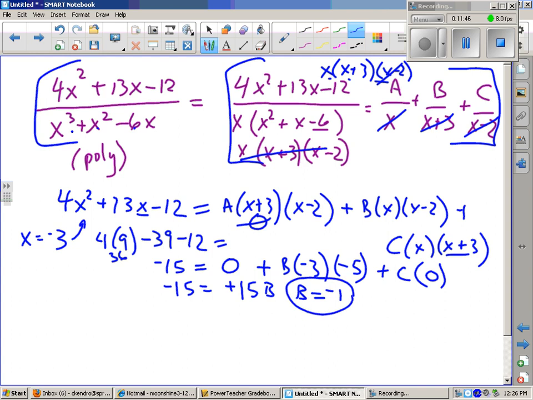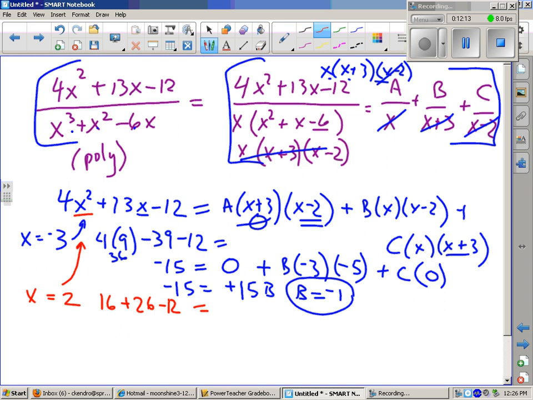All right, now if we have B is negative 1, let's choose to lose the next one. So we're just going to choose the next parentheses is 2. Let me do a different color. If x equals 2, then subbing in up here, I get 4 times 4 is 16 plus 26 minus 12.